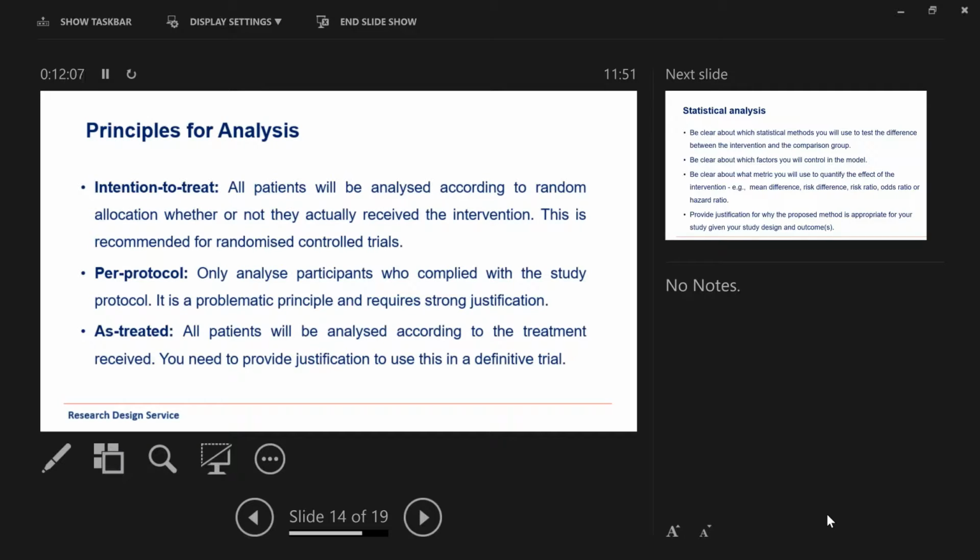There are some other types of analysis that we occasionally do. The first one is a per protocol analysis. This is where we analyze the patients who actually completed the protocol, actually did what they were meant to do in the study. The problem is that it may show you potentially how good the treatment could be, but they may not be your average patient.